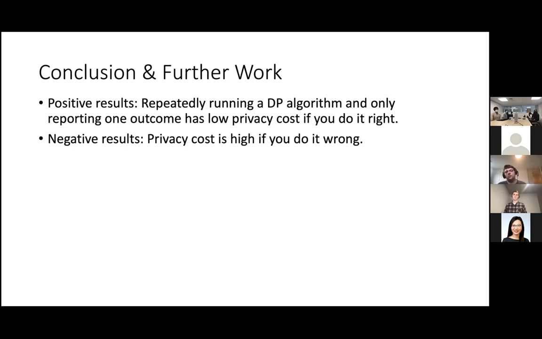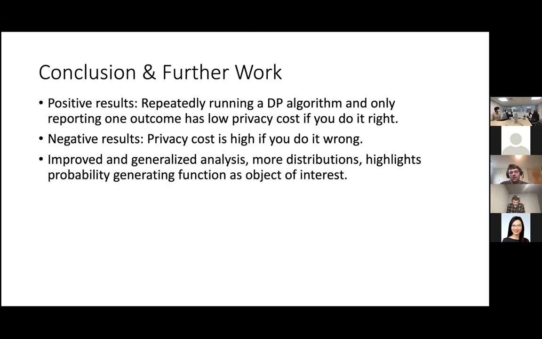And the Poisson distribution is not that far from a point mass, but it's still giving you a significant improvement. And again, we accompanied this with some negative results that show that if you aren't careful, if you don't do it right, you are going to have some costs there.